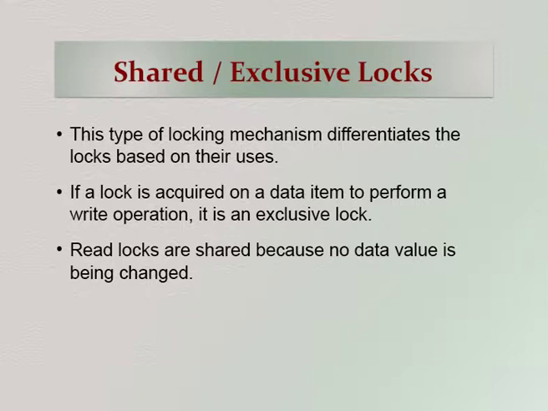So, this is a kind of exclusive mechanism wherein other transactions can't share. In read locks you do not have updates or write operations; it is just reading the data item from the database. So, read locks are shared because no data value is being changed. There you can issue a shared lock, but at the time of a write operation it will issue an exclusive lock to write.